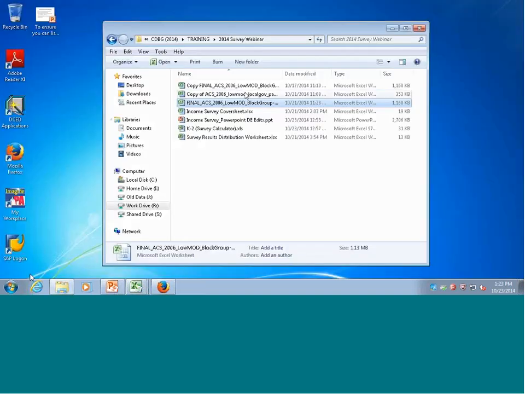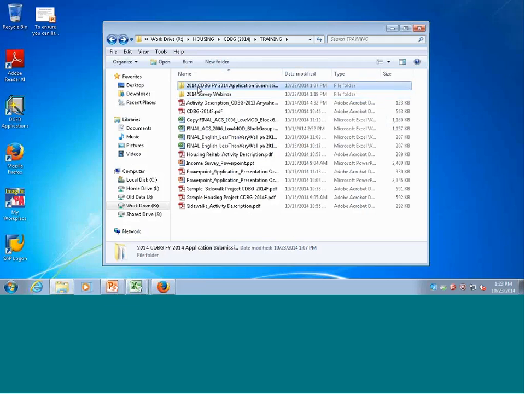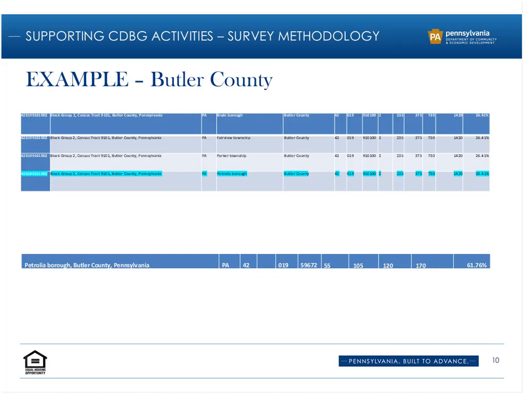We'll try to get it up, but it is the first spreadsheet that we had given you based on municipality only, and HUD is allowing us to use that data. So in this instance, if Petrolia Borough wanted to do a particular activity which benefits all the residents of Petrolia Borough, they could go to the other HUD issued ACS data by municipal level, not by census tract or block group, but by municipal level, and they could use it because that data supports the 61.76%.